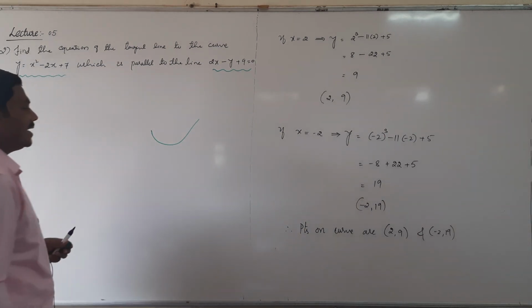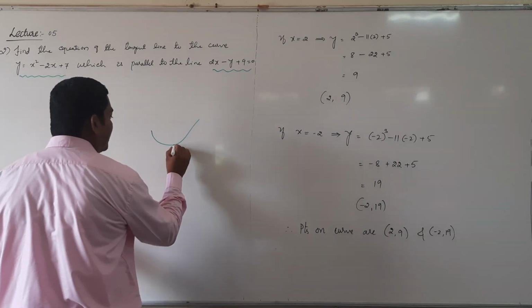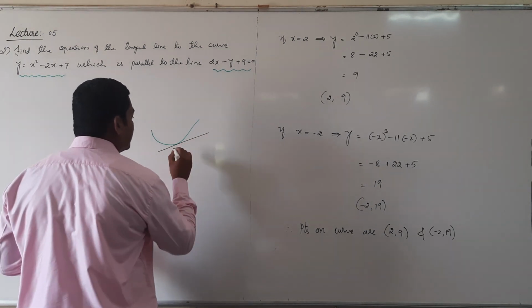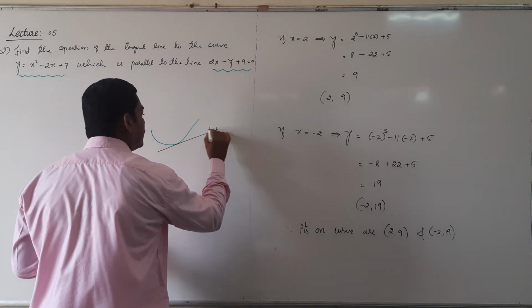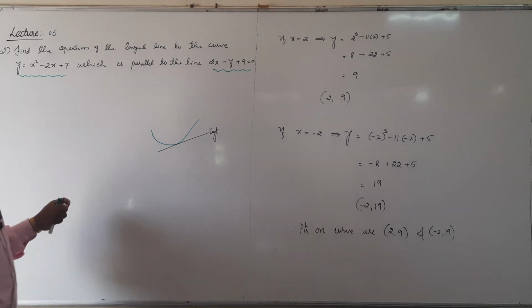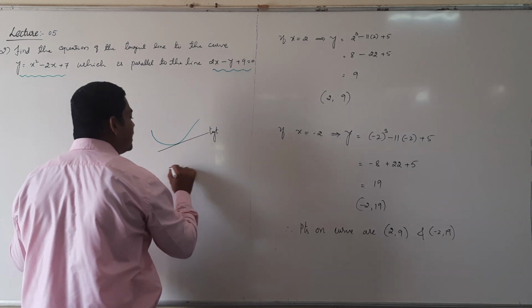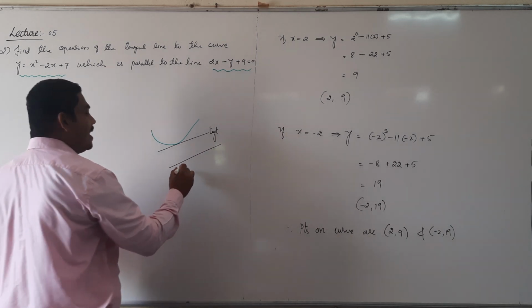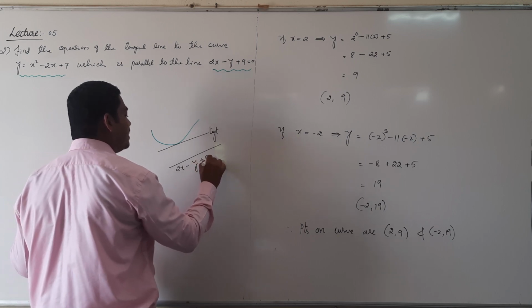Suppose it is the given curve and draw a tangent line here. This is our tangent line, right? What they have given? One condition is given. Our tangent line is parallel to this line, and the line equation is 2x minus y plus 9 equal to 0.